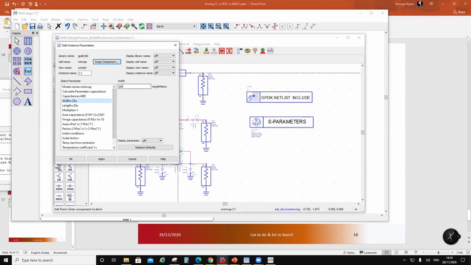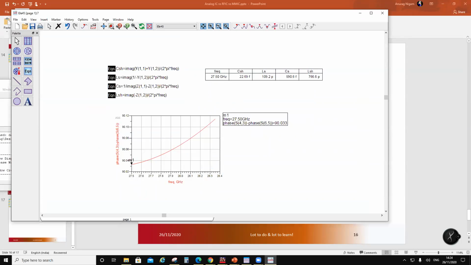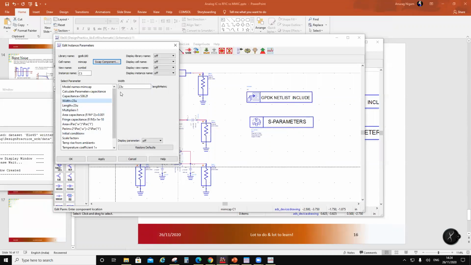Okay, so it doesn't work. 23 and 23. So what I want is 590, 24 and 24. So 585, 24.2. And let's say 24.2.